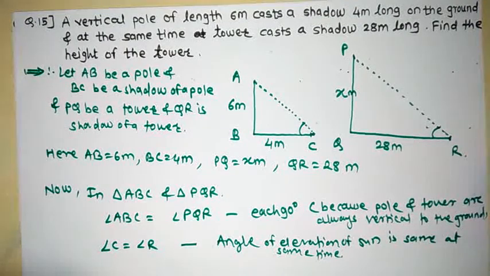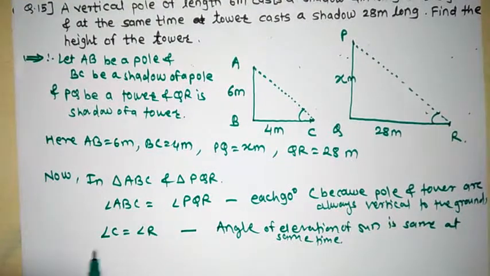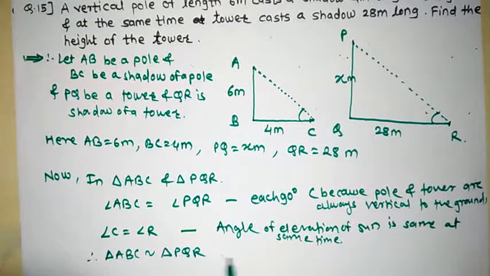Therefore these two angles are equal. Therefore can we say that triangle ABC is similar to triangle PQR by which rule? By AA similarity.